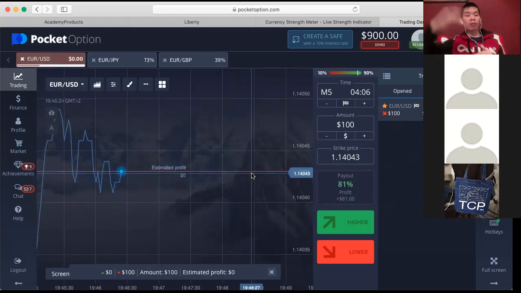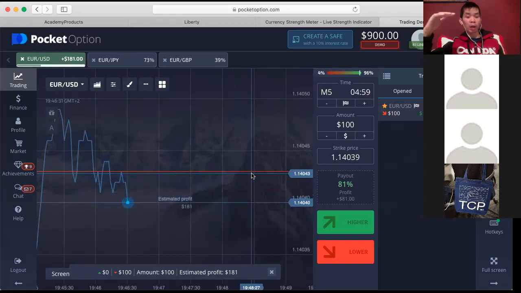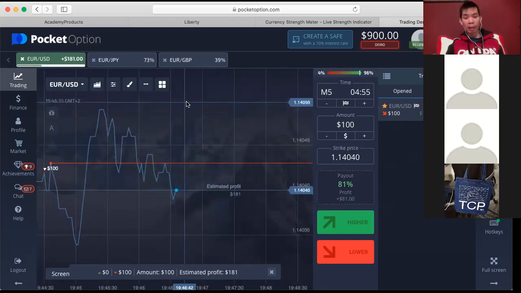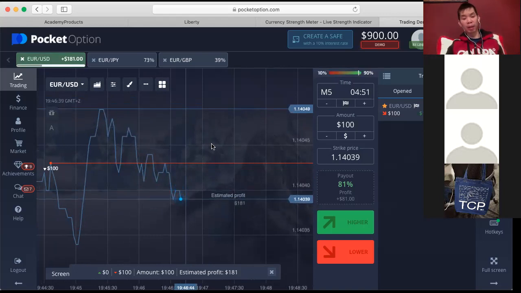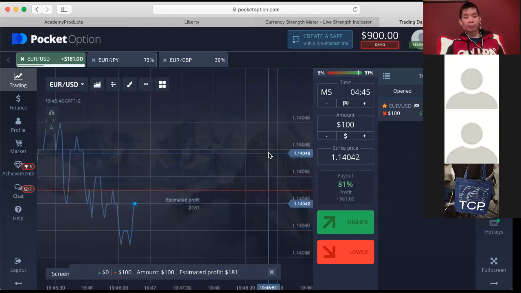So, even if it goes above that red line, it doesn't matter, because there's no stop loss. Versus in Forex, if it went up here and that was your stop loss, then you would have lost, right? So that's the best part about HFX. It's like, you give yourself time to breathe a bit.